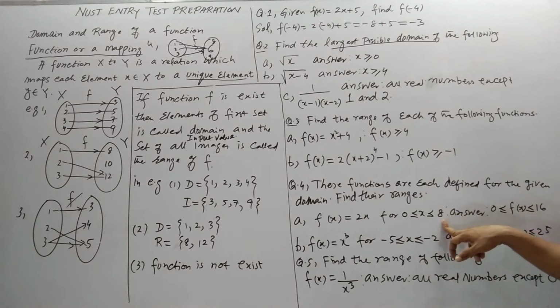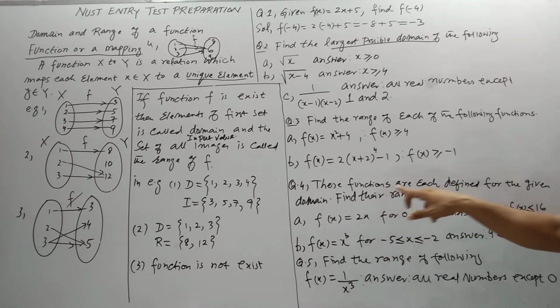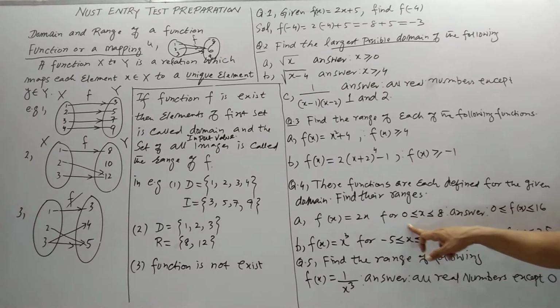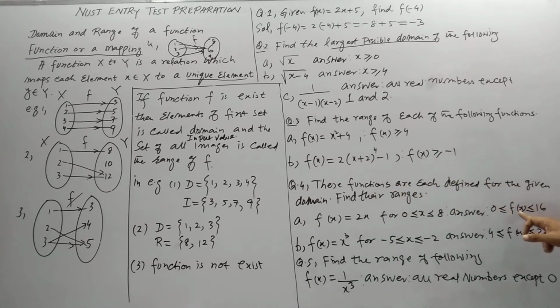And if you put the ending point 8, 2 into 8 is 16, therefore the ending point is 16. Hence, if the domain is 0 to 8, the range is 0 to 16. So this is the answer: f(x) is greater than or equal to 0 and less than or equal to 16. Hope you understand. Now see the second part.